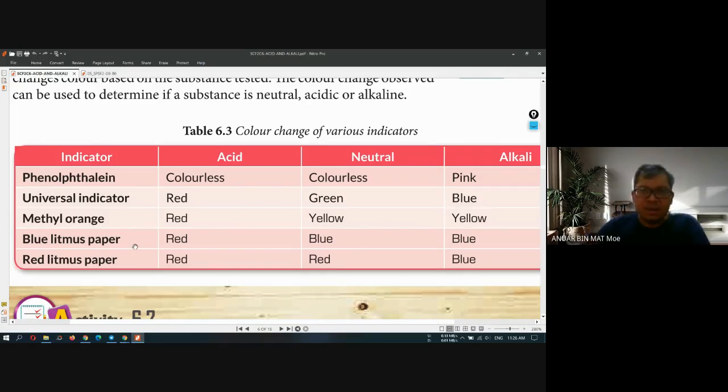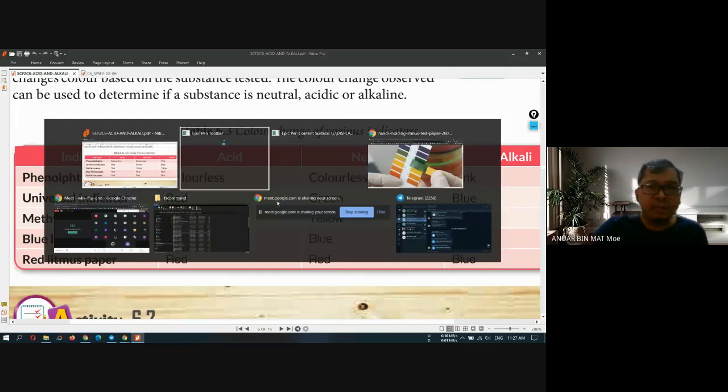When there is acid, it becomes red, and neutral it stays blue, alkali also blue. The other indicator is phenolphthalein. When phenolphthalein changes to pink color, it is alkali. Acid colorless, neutral colorless. I will show you an example of phenolphthalein.